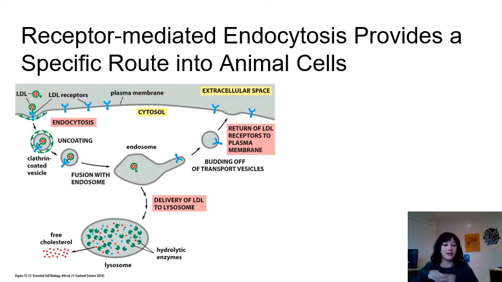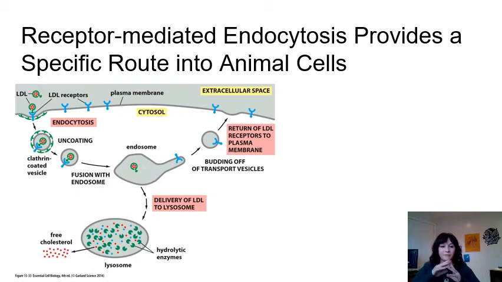And so in this example, the clathrin has recruited LDL receptors, and the LDL receptors will only bind to LDL. So if there's any LDL outside of the cell, it's going to bind to that receptor, get taken into that forming vesicle, and endocytosed into the cell. Right? Do you remember what helps that vesicle to bud off?